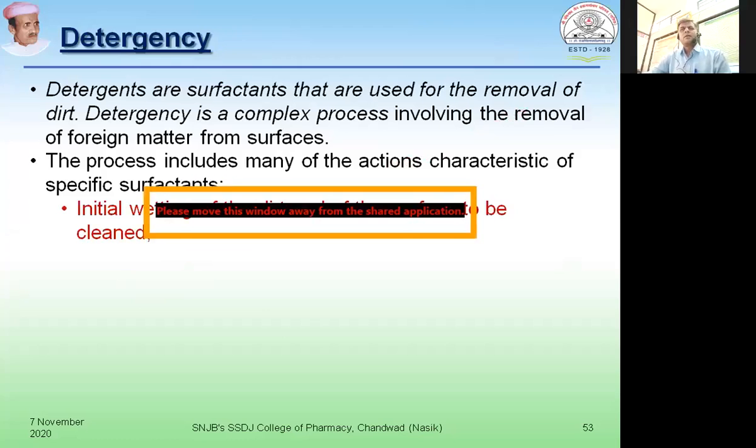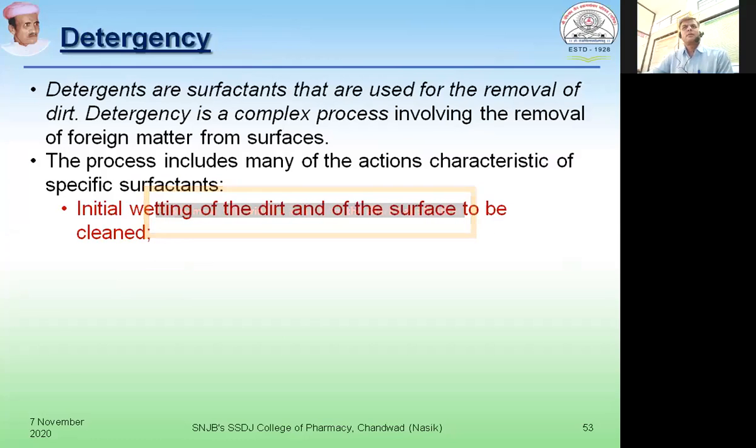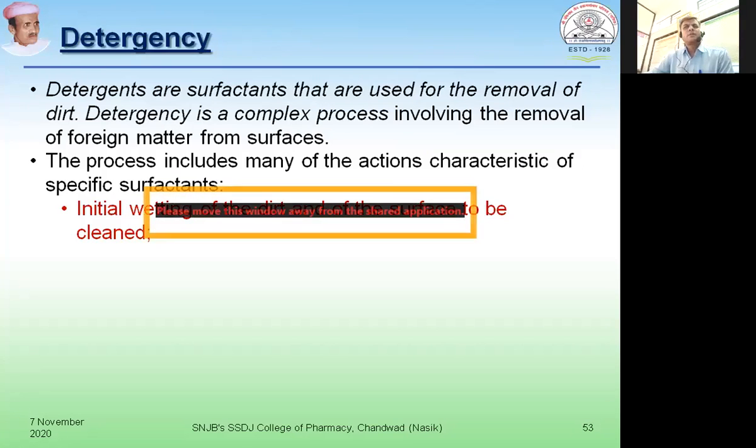Initially, the wetting of the dirt particle will take place. This wetting needs to be perfect, unless and until the wetting of the dirt or the surface which we are going to clean is happening properly, we won't find that detergency or the removal of dirt will take place properly.